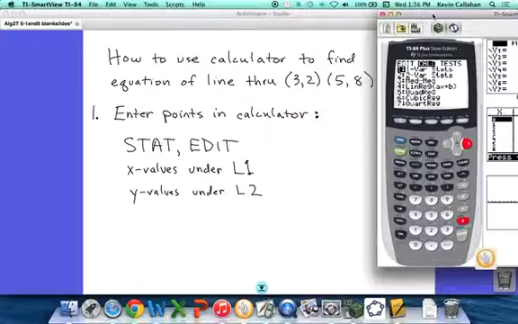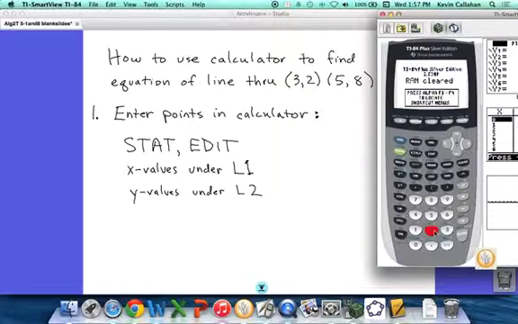Do you remember how to clear memories on these things? It's something else you need to know how to do, right? Second plus key is memory. To reset, then you go to 7. 1 for all RAM, 2 for reset.